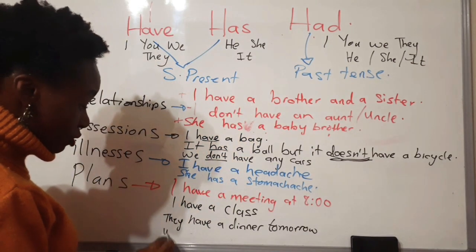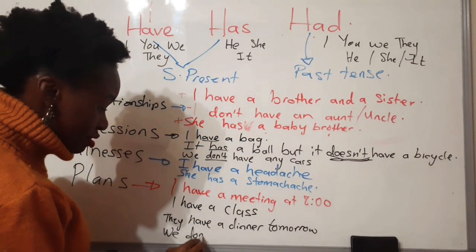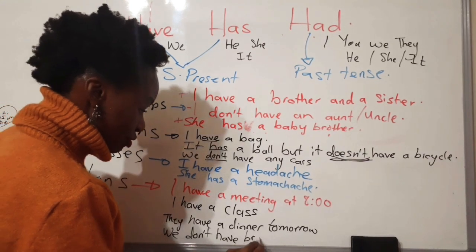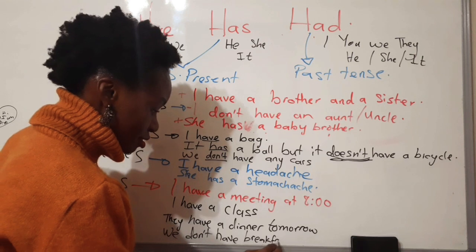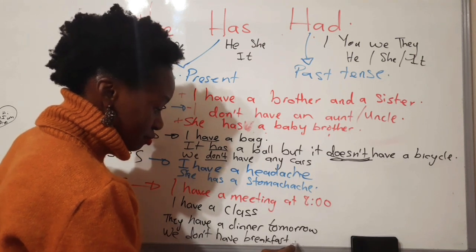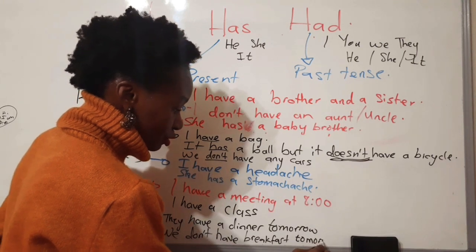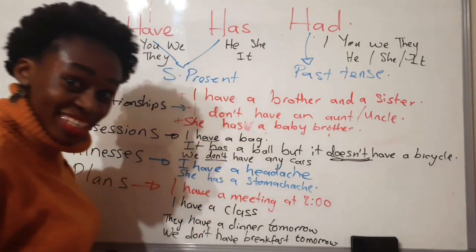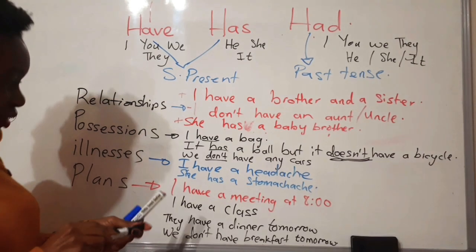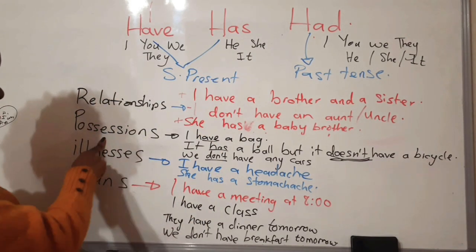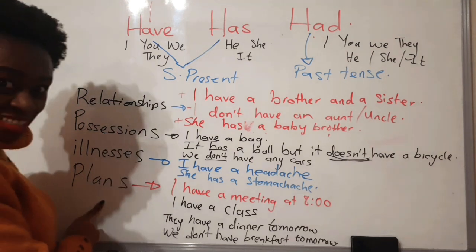We don't have breakfast tomorrow. So tomorrow we don't have breakfast. Okay? So we use have, has for relationships, possessions, illnesses, and plans.